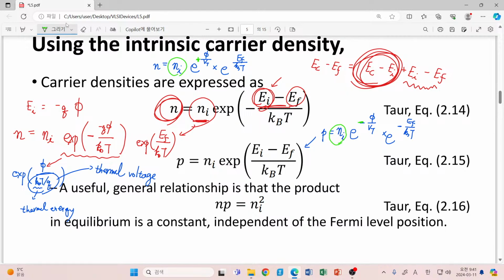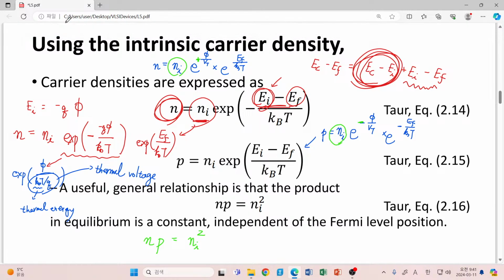So when they are multiplied to each other, this exponential dependence can be cancelled out exactly. So you can easily understand when we calculate the product between n and p, then actually you will have n sub i squared, and this exponential term will be gone. So now you have this expression, and this expression is valid whichever E sub F you have.